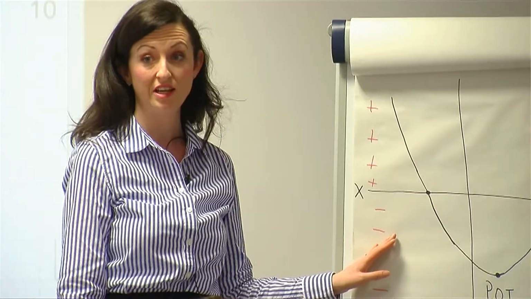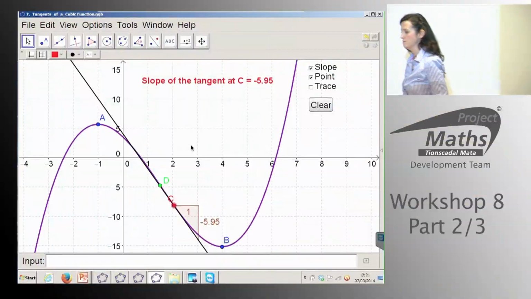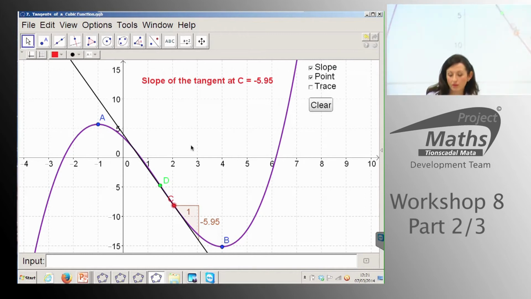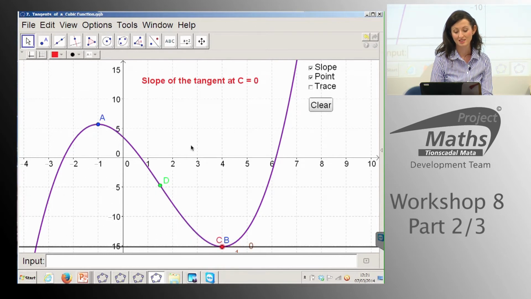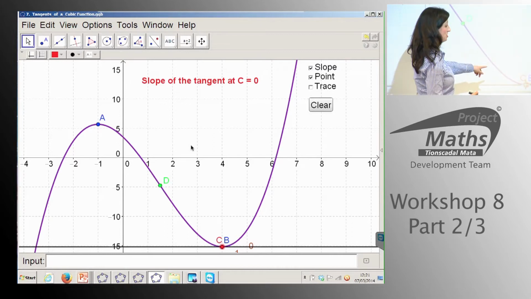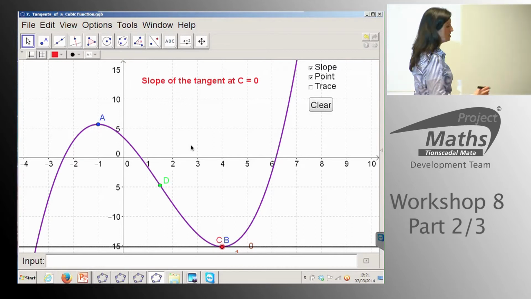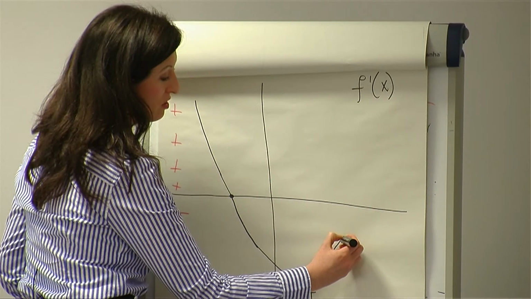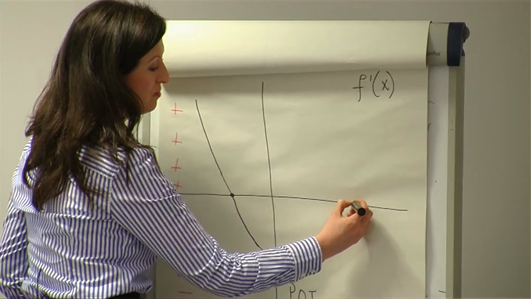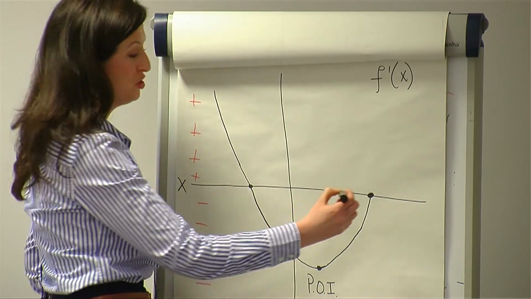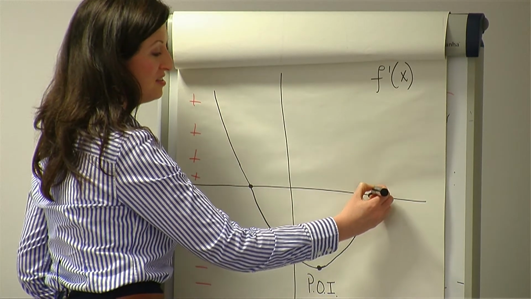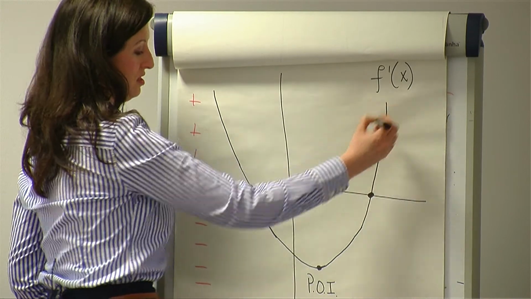All my slopes are still negative. So I come around and I get to the point then where my slope becomes positive. Exactly, it becomes positive again. And right there at the turning point, my slope will be 0. So it comes up, my slope is 0, and then it starts to turn positive again and continues increasing.